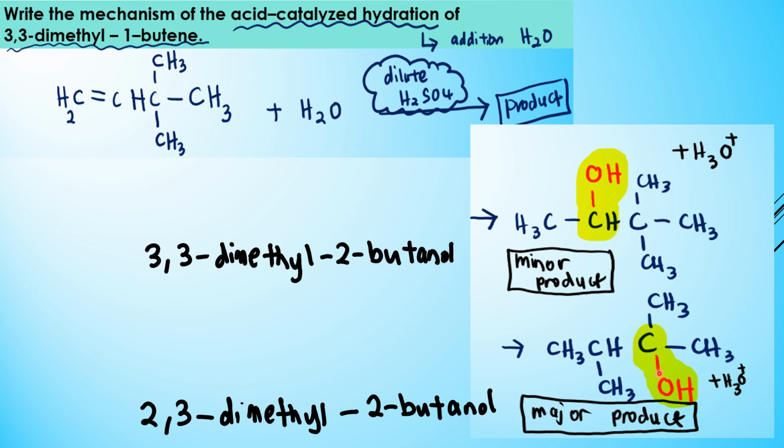Sebab takut soalan keluar, kita tak nampak. Sebelum buat mekanisme ni, tak perasan pun, tak tahu pun this carbon are able to gain the OH group. Padahal sebenarnya dia boleh buat rearrangement one of the methyl group dia. CH3 shifted to the second carbon. Tu yang dapat 2,3-dimethyl 2-butanol, which is the major product yang awak memang tak boleh predict pun without mechanism.